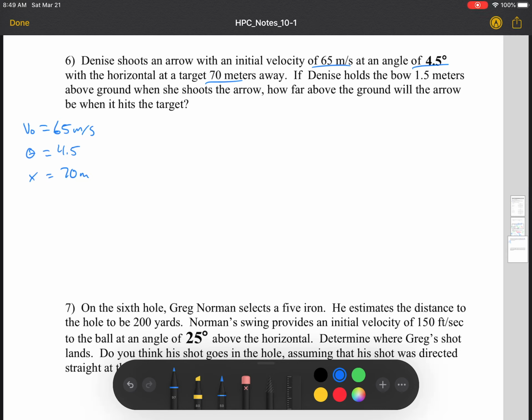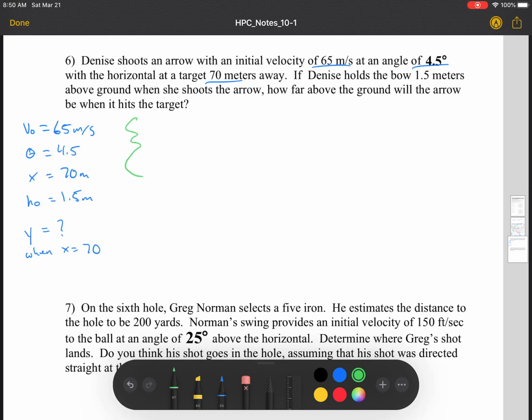They tell us that we're holding the bow, so right here's our initial height, 1.5 meters above the ground. And what we're trying to solve is our final y when x equals 70. We're trying to find the height of the arrow when it reaches the distance the target is away.